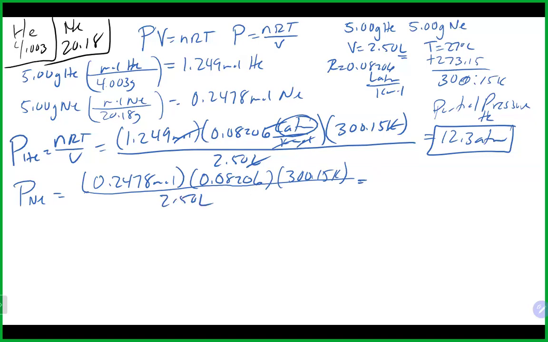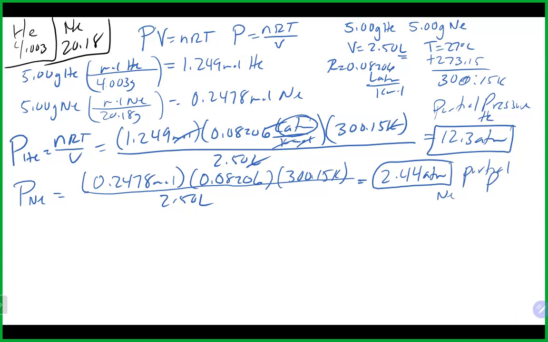That's going to get us 2.44 atmospheres. That is our partial pressure of neon in this case. First off, any questions on the calculation up to there?